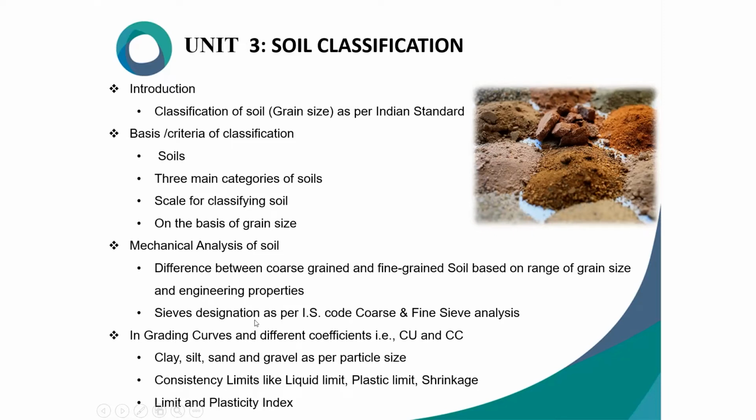You will do the grain size analysis and generate the curve. You try to identify the type of curve, whether it is well graded or poorly graded, and also identify the different coefficients. And we also identify the consistency, Atterberg limits: liquid limit, plastic limit, shrinkage limit.